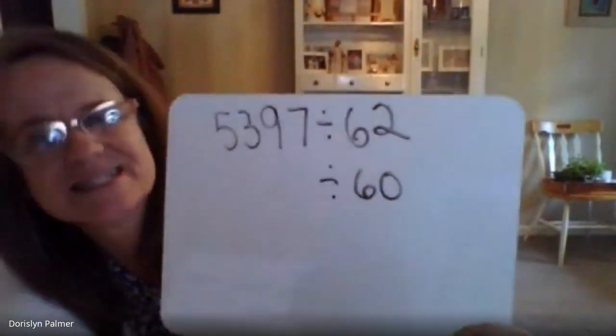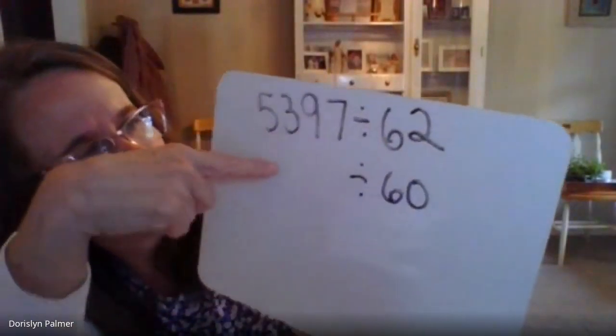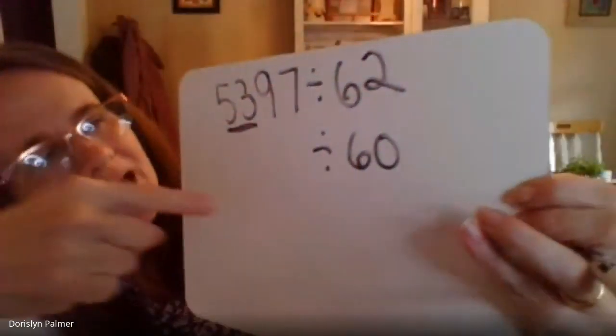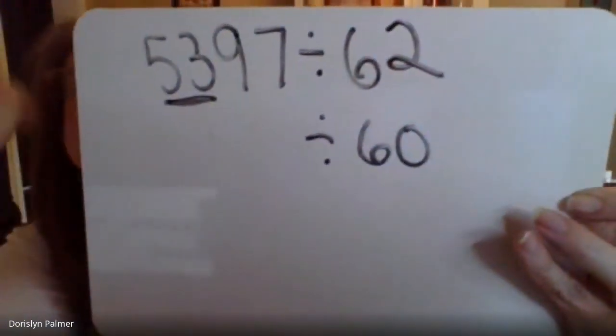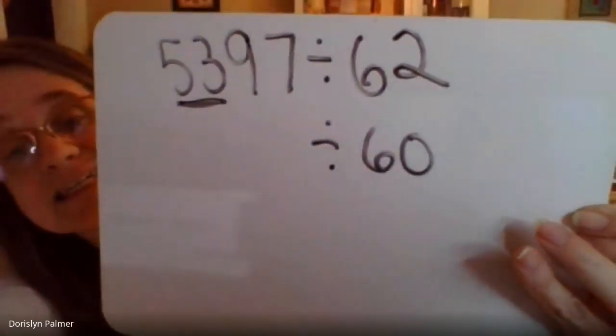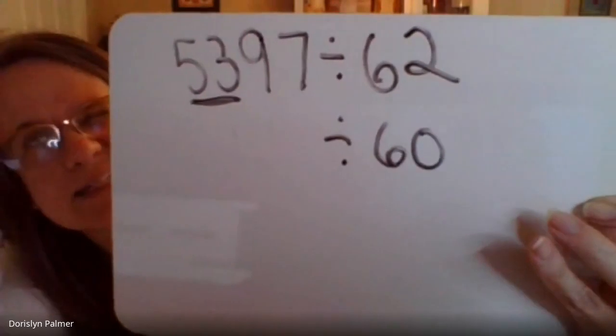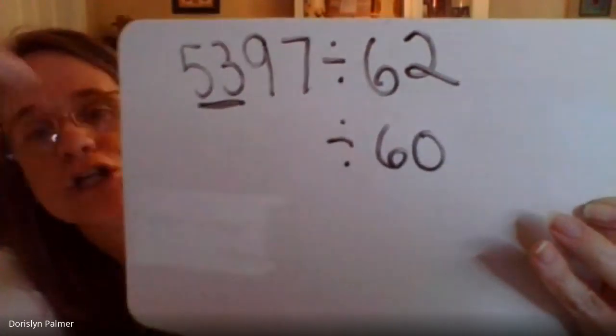Now, this is the part that's just a little bit harder. Look at the first 2 numbers here. I kind of underlined them. They're 53. What's a number that's close to 53, but I can divide it by 6 evenly? So 53 won't go nicely for an estimate, but something close to 53. 50?